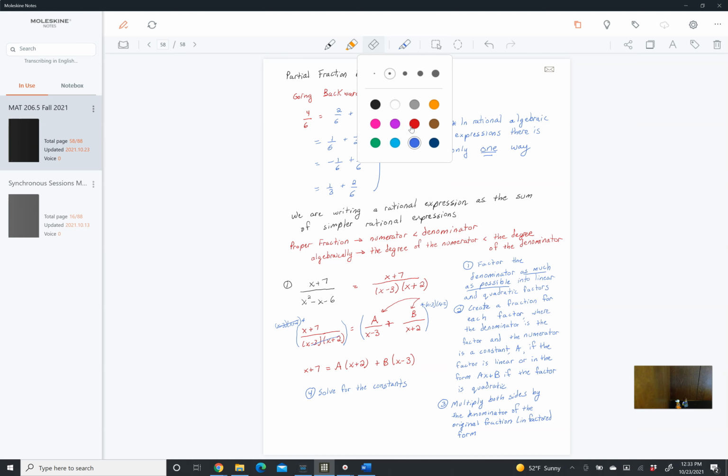We need to solve for the constants. So I'm going to go to the next page and I'm going to rewrite this.